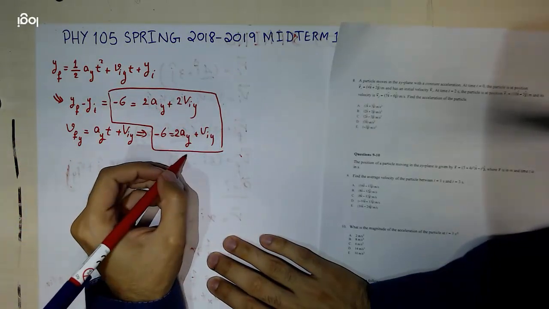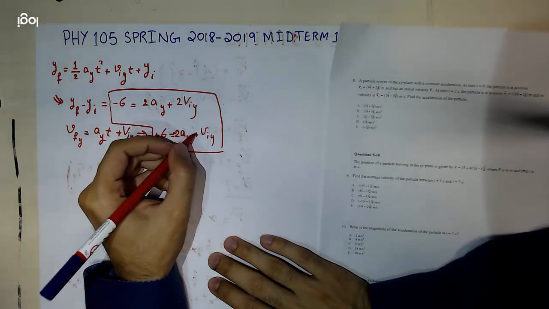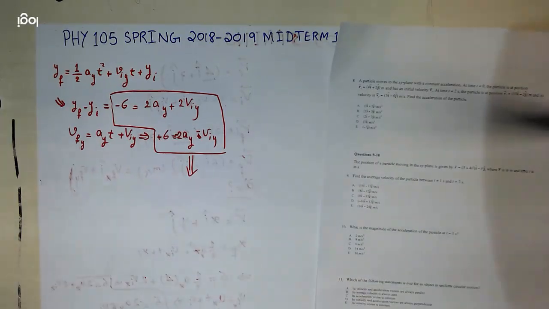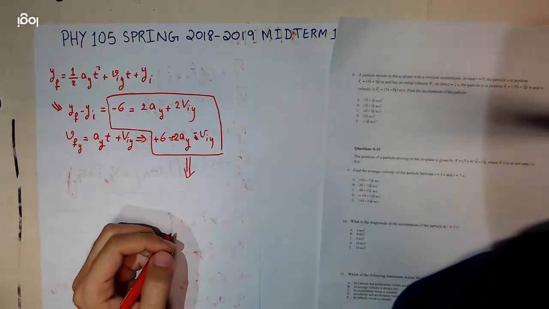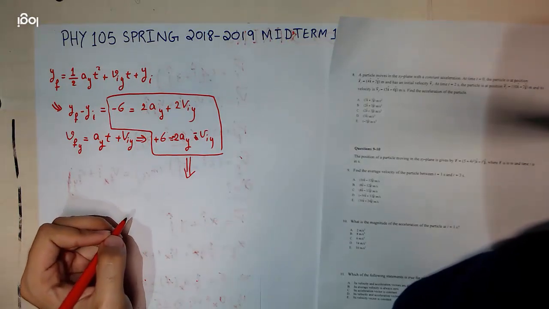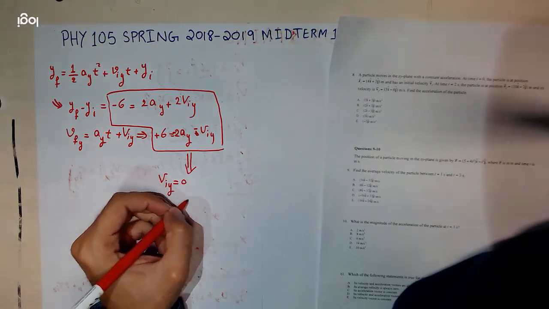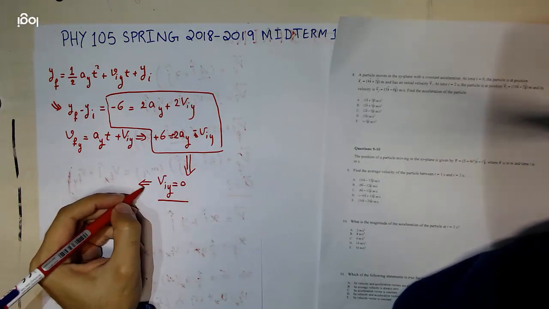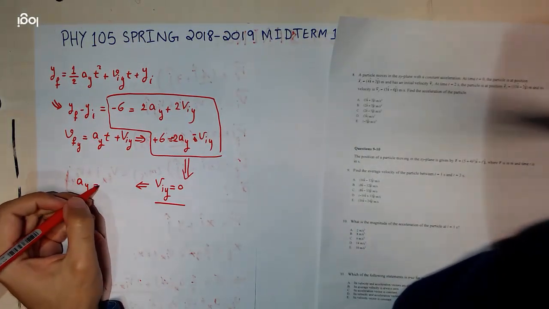From these two equations we can tell, again multiplying by minus sign and summing up, V final is -6. If we sum up here, we will take V initial Y equal to 0. In this situation, if we put here 0, AY will be minus 3.